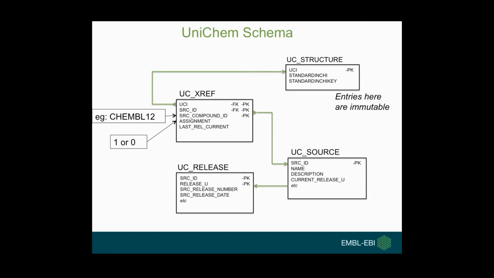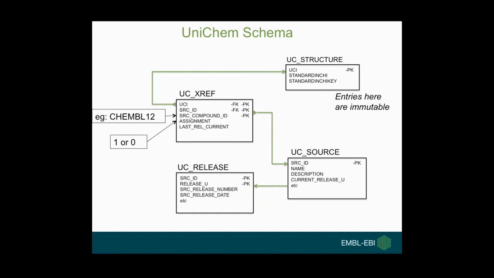The structure table is one large list of the standard InChI, the structure, together with the standard InChI key. And once structures go into there, they stay there, they never come out. The cross-references table is simply a way of assigning a particular compound ID, such as ChEMBL 12, from a particular source, SRC_ID 1 in this case, to a particular structure via the UCI, the UniChem identifier key.